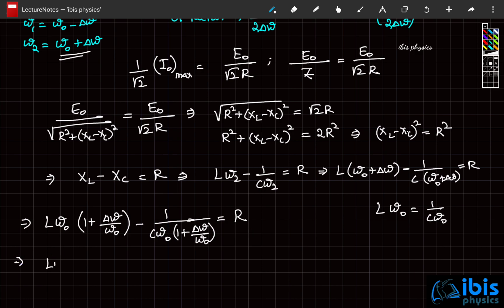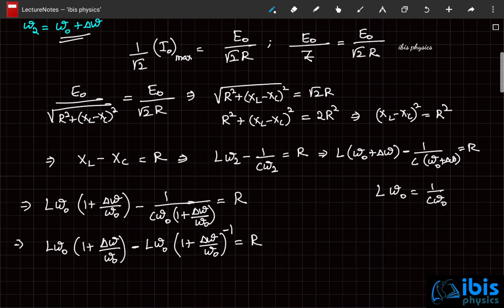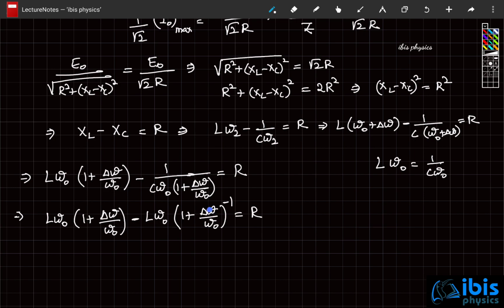So the next step, L omega naught into (1 plus delta omega by omega naught) minus 1 by C omega naught, I am writing it as L omega naught. So this thing I am taking to numerator: (1 plus delta omega by omega naught) whole power minus 1 equal to R. Delta omega is very narrow for a quality circuit, so delta omega by omega naught becomes a very small value.